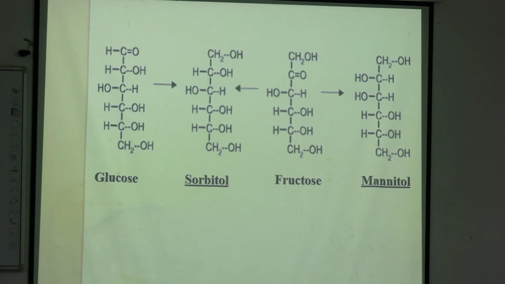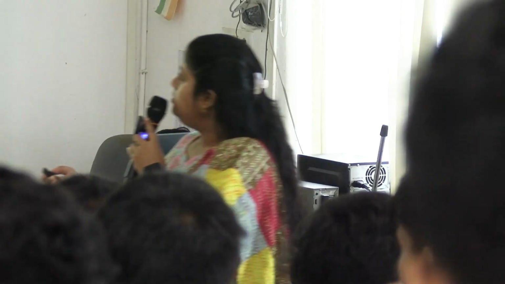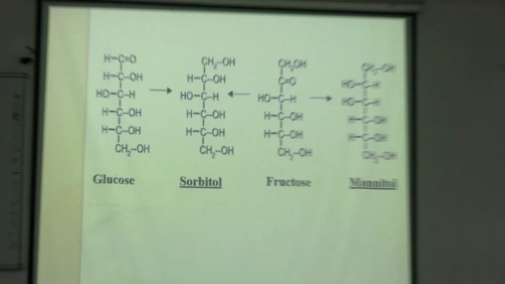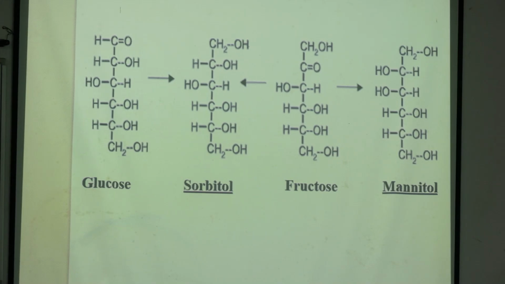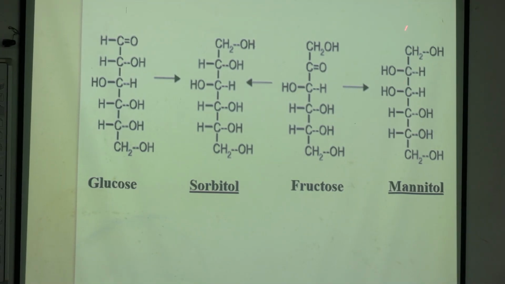Again I am asking, what is mannose? C2 epimer of glucose. So mannose has an aldehyde group here. If this is reduced, it will be mannitol. Only the C2 position changes here. So mannitol is formed from both mannose and fructose. Sorbitol is formed from both glucose and fructose.